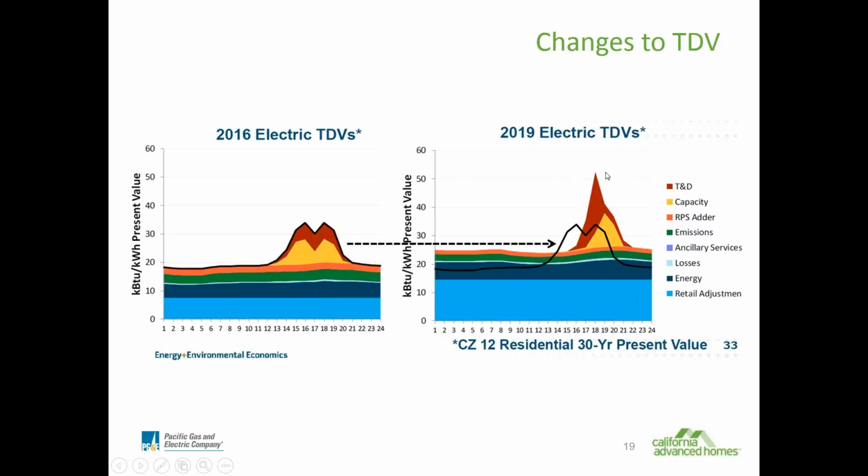So what this means, a lot of energy consultants on this call, is that the most efficient way to get your building to comply is to save energy right at that peak, right? If you can save energy there, that's the easiest way to get your building to comply. So that shift is reflected in the code and how we're going to address it.